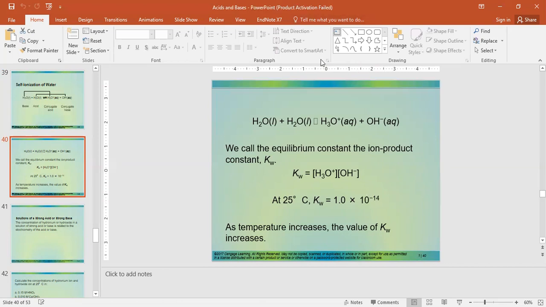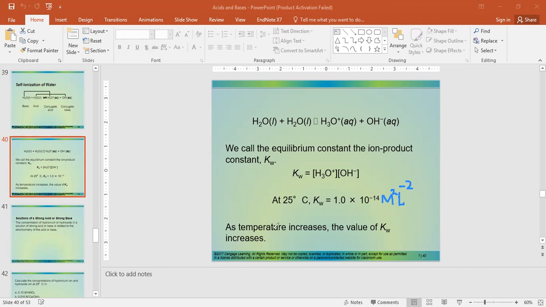And if I were to give the units, again, allow me to look for my pen. This pen of mine is disappearing. Just bear with me, students. So this is a 10 to power -14 mole squared per liter squared. Those are the units of this ion product.